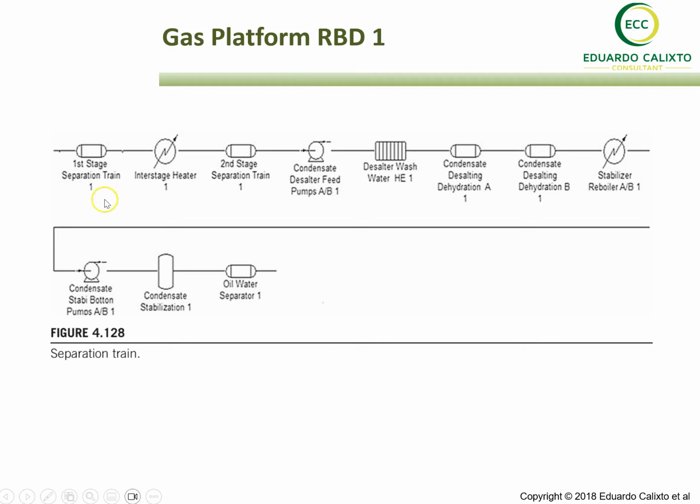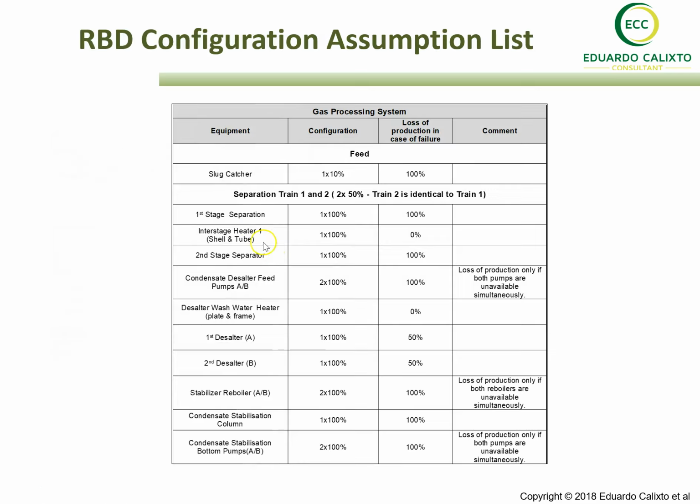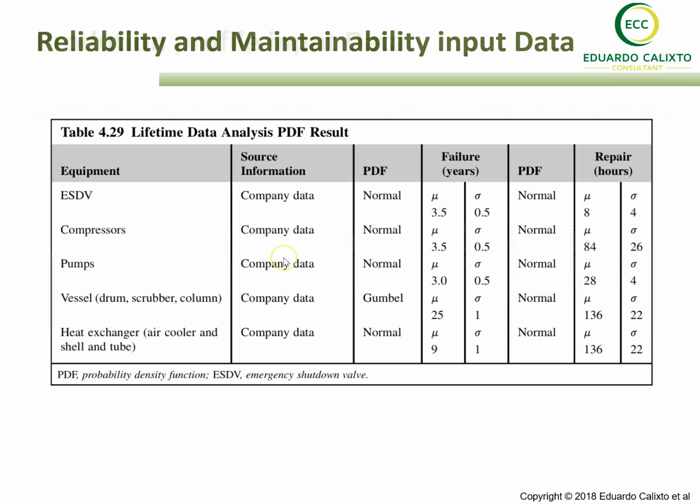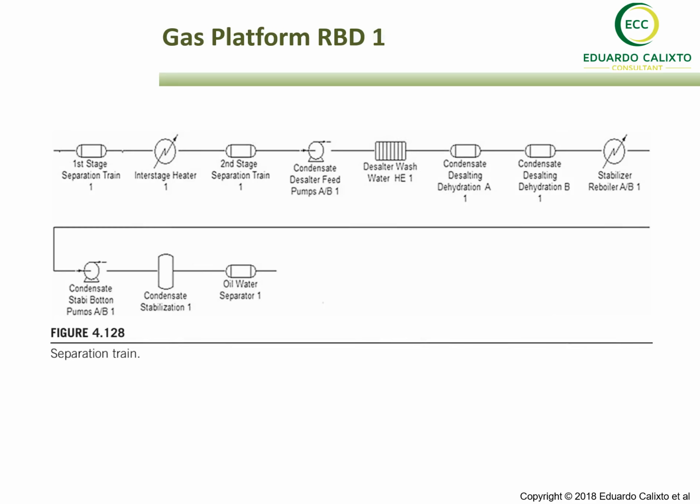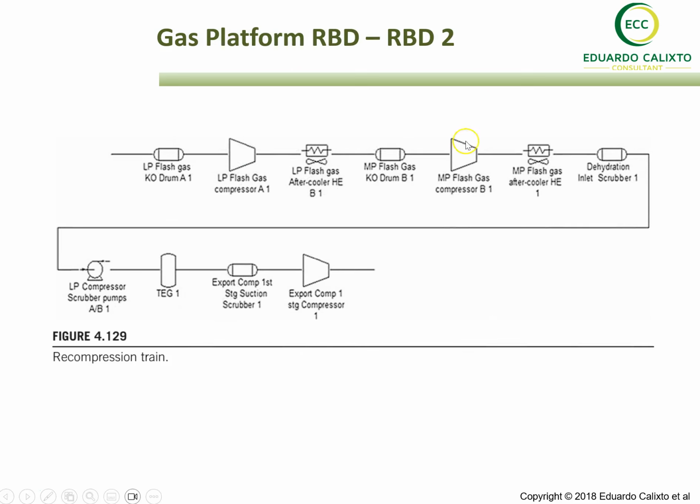So we start to build the RBD accordingly with the list of equipment that are part of the system. For each one of these equipment, I will have the input of reliability and maintainability data that I presented here. For each one of them, I will have to input these two parameters and these two parameters. That's basically the work that I have when I perform the RBD. I have here the air compression.